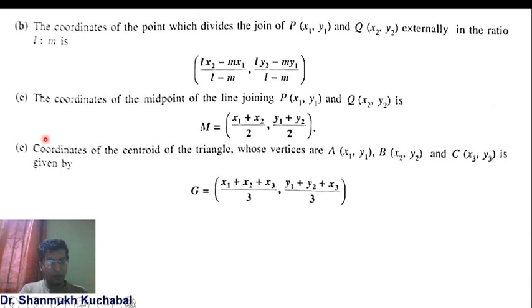Next, the coordinates of the centroid of a triangle whose vertices are A (x1, y1), B (x2, y2), C (x3, y3) is given by the centroid formula: x1 plus x2 plus x3 divided by 3, and similarly y1 plus y2 plus y3 whole divided by 3.